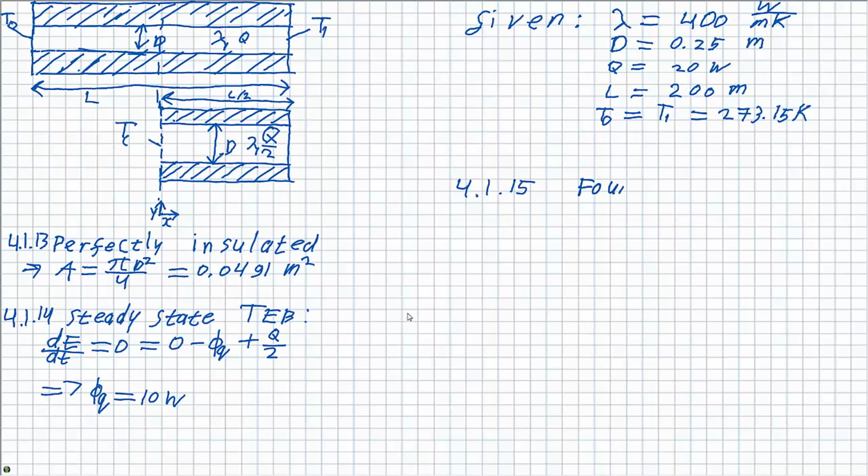First up is Fourier's law, which reads the heat flux is equal to minus the heat conductivity times the derivative of the temperature with regard to x, the distance traveled, which can also be written as the total heat flow divided by the cross-sectional area equals the same expression.